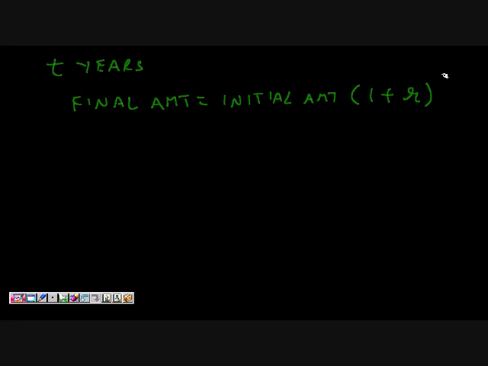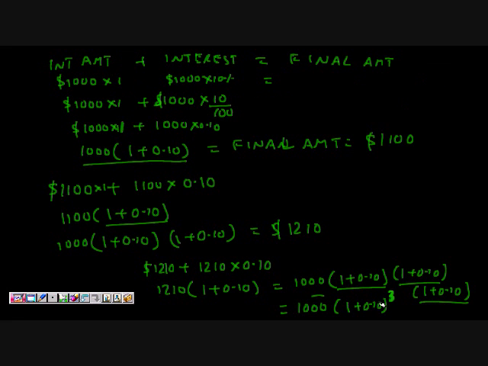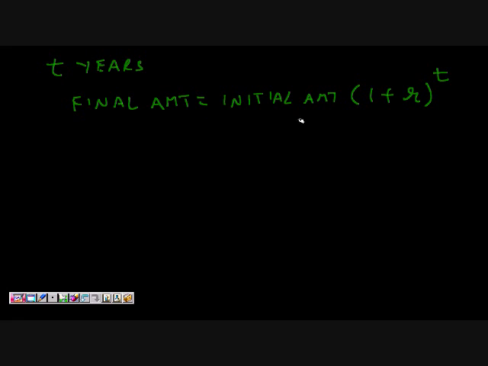Okay. So this 0.10 is the rate of interest, and 3 was the number of years that we calculated the interest for. In this case, it was 3 years. So in general, the final amount is equal to initial amount into 1 plus r raised to t.